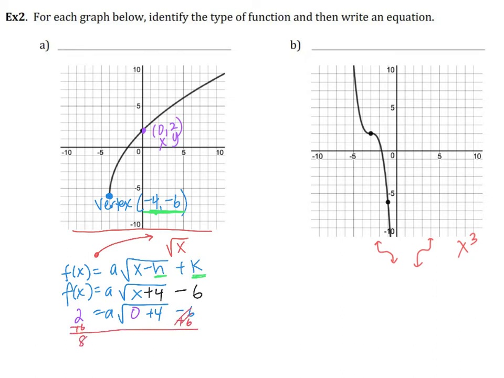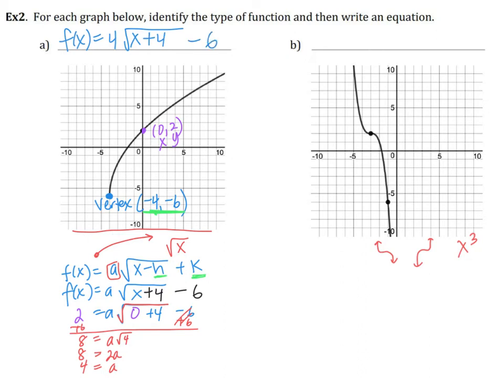So I get 8 equals a times the square root of 4. What is the square root of 4? The square root of 4 is 2. So I get 2a equals 8, therefore a equals 4. So that tells us what a is. So now my final solution for the square root function here is 4 times the square root of x plus 4, and then -6.